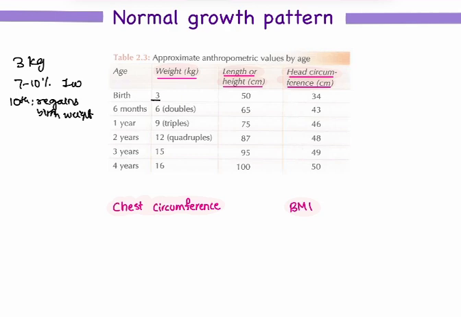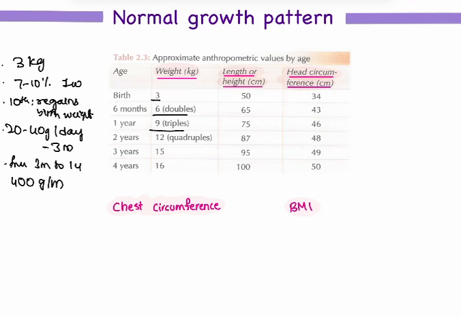Then the baby grows at 20 to 40 grams per day up to 3 months. Then from 3 months to 1 year, the baby grows at 400 grams per month. The baby weight doubles at 5 to 6 months, triples at 1 year, quadruples at 2 years.